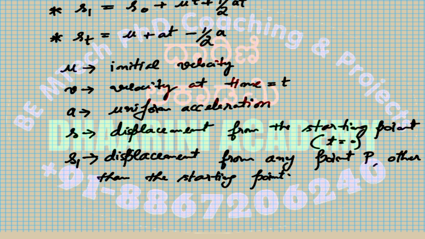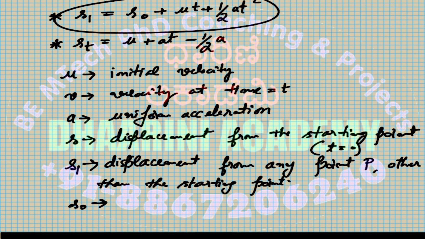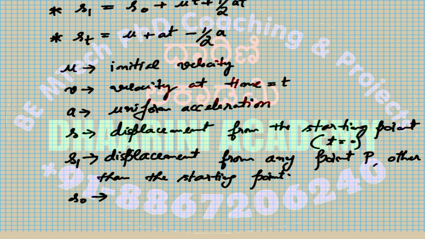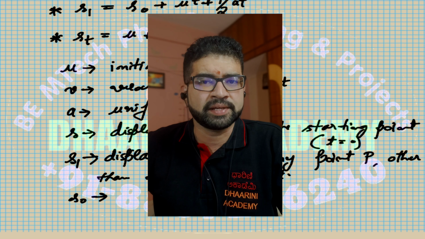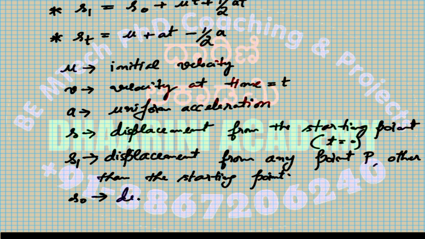If I write S naught, then I have a specific meaning for that. In the S1 equation, you can see that we have used S naught. This S naught basically refers to the displacement of the starting point from P. P is somewhat away from the original or starting point, so S naught is the displacement between point P and the starting point.